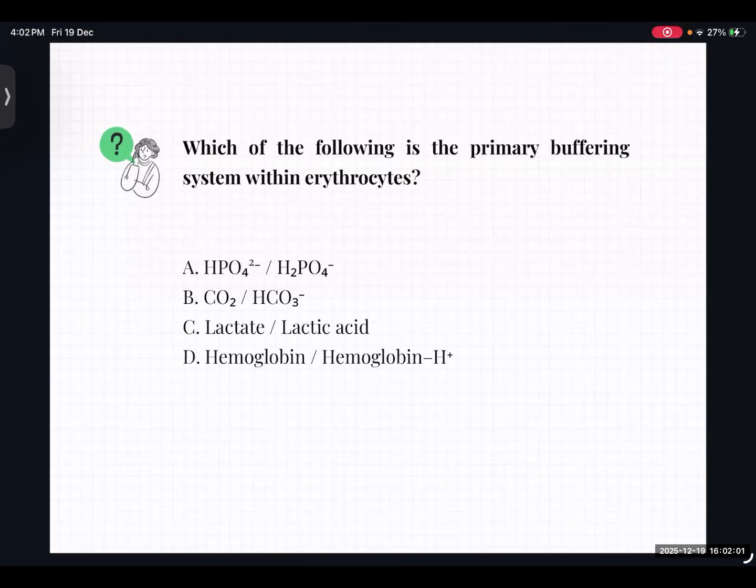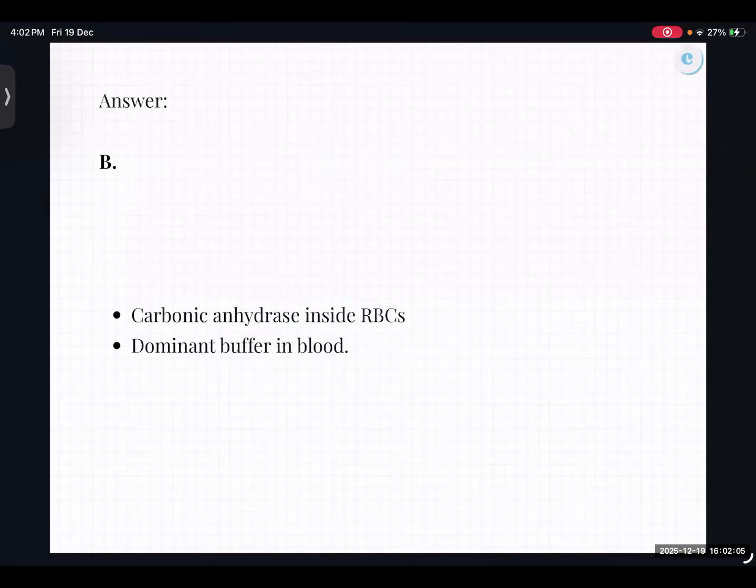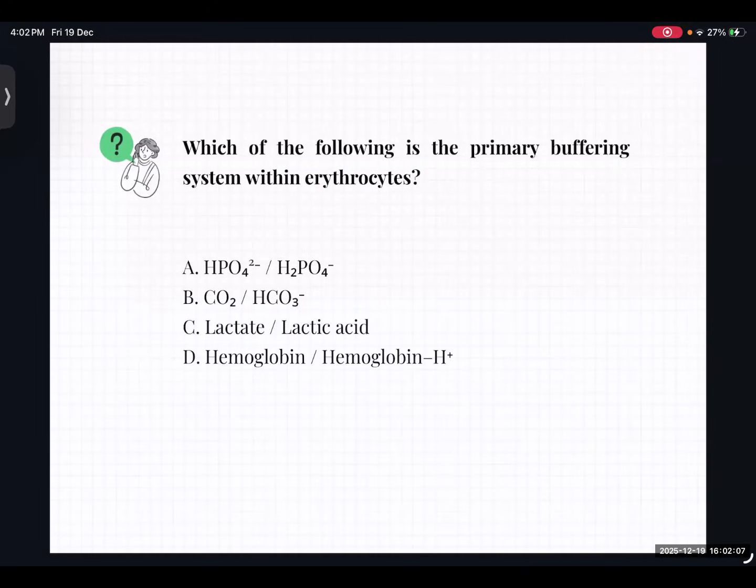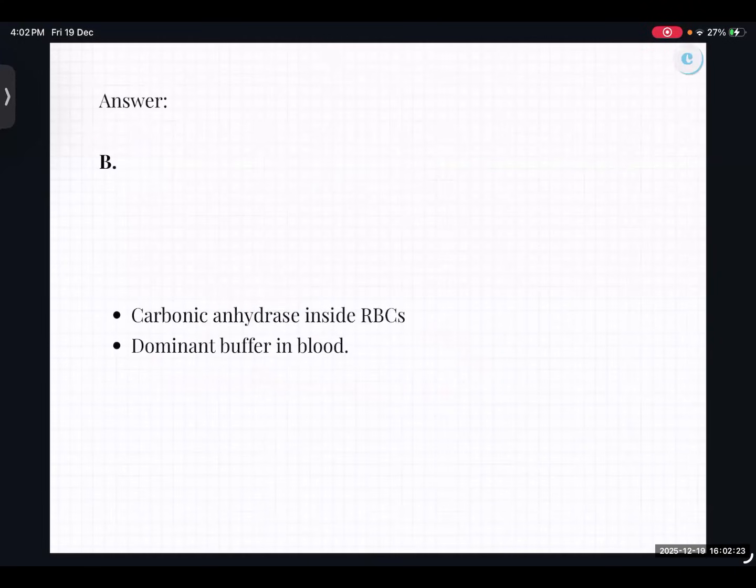You all are correct. It is the carbon dioxide bicarbonate system. I put this last choice here to kind of trick you guys. It is true that the hemoglobin-hydrogen is a buffering system within erythrocytes, but it's not the primary. It's not the one that clears up most of the acidity in the blood.